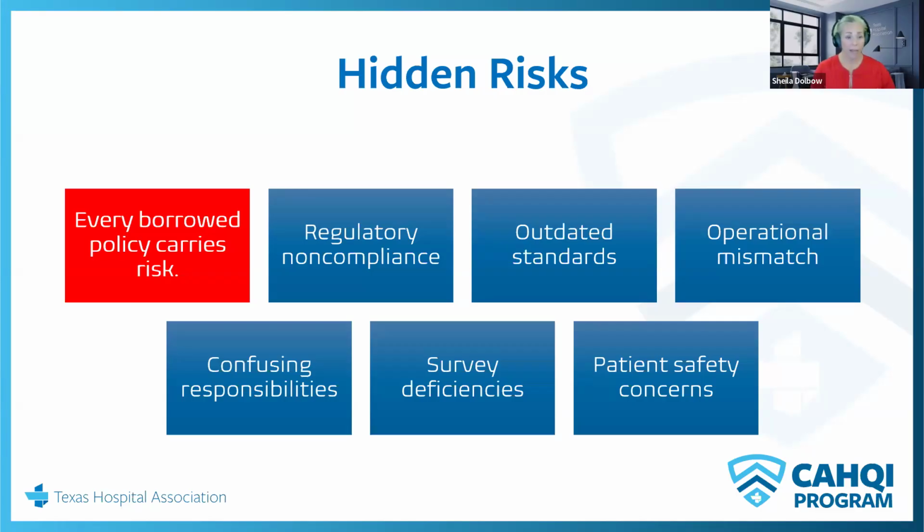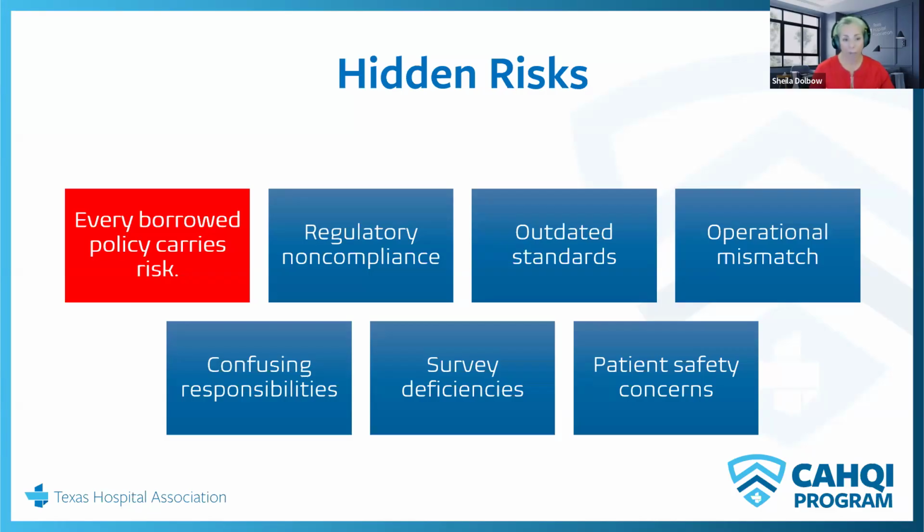An operational mismatch, this would be a reference to something in that policy that is not suitable to your organization. Maybe it references a service line that you do not provide, like women's services or something like that. But there's something in there that does not align with your organization's operations. Confusing responsibilities. Not all policies and procedures are written in a clear manner to where everyone can fully understand what their role and responsibility is.